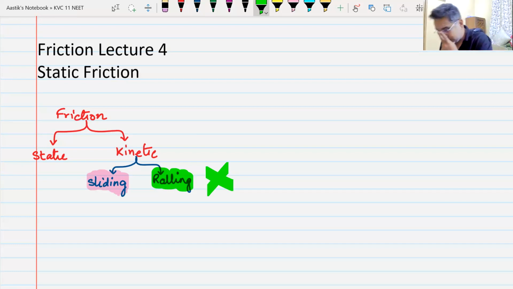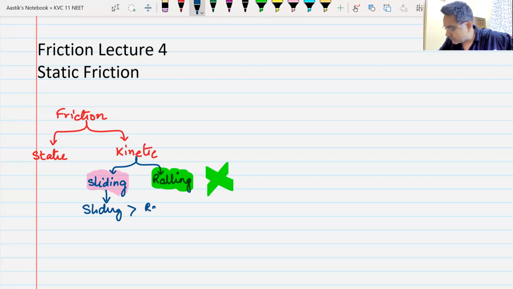Now, just for your information, which friction will be more? Is the sliding friction more or is the rolling friction more? Remember, sliding friction is always greater than rolling friction, and that is why, to reduce friction, if you have to pull a heavy box on a rough floor, it will take a lot of effort.